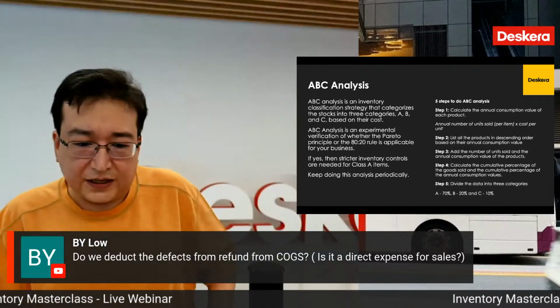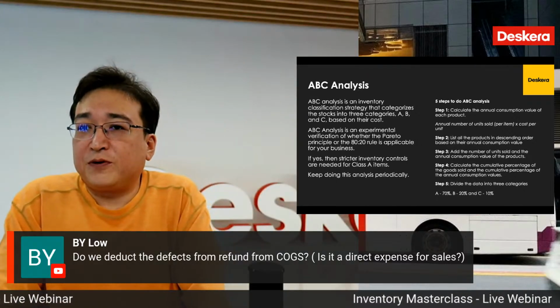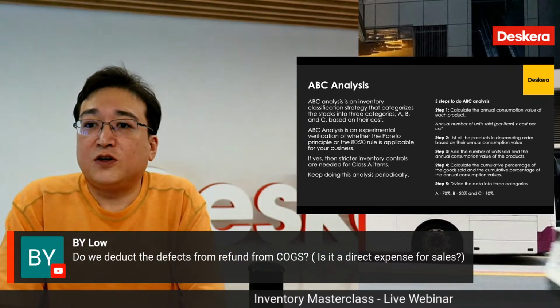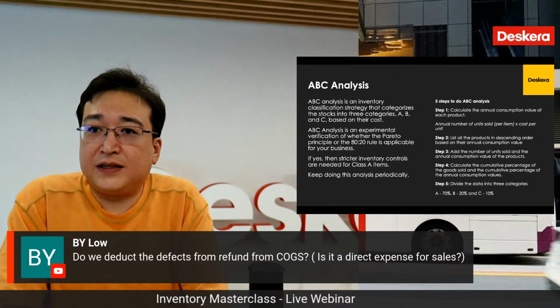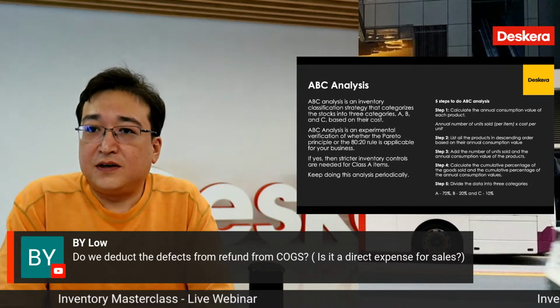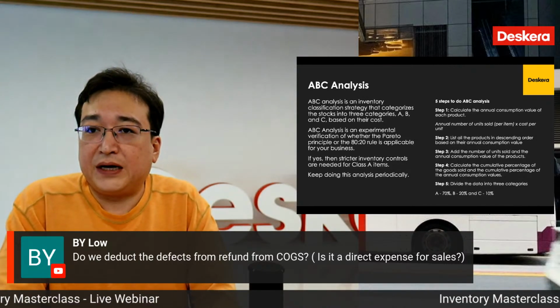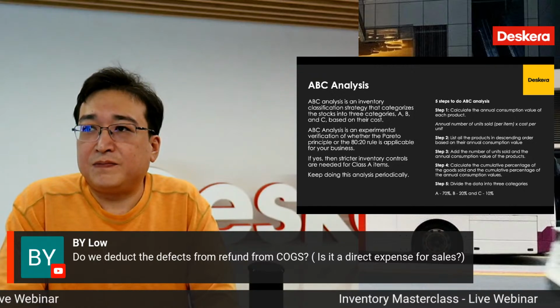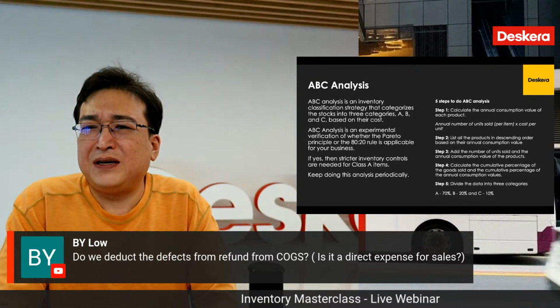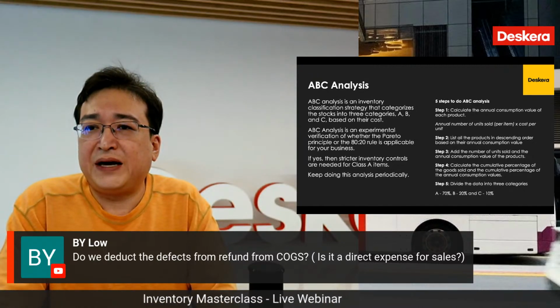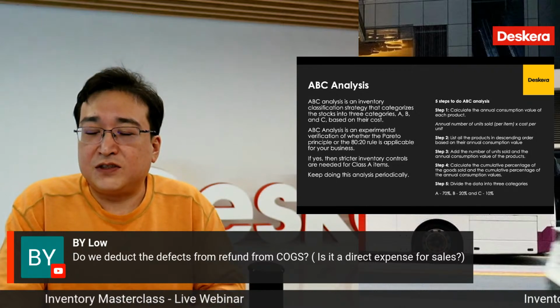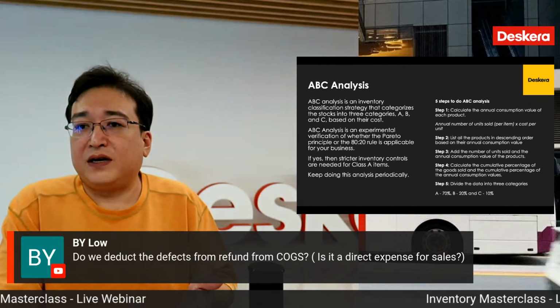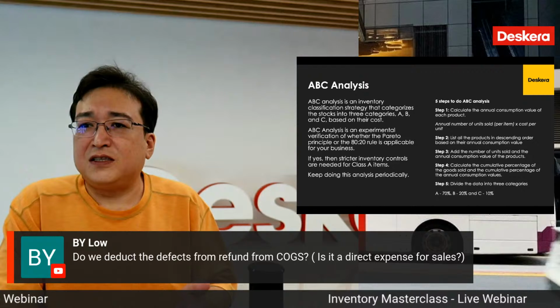I was just thinking. You refunded the product. Is the product getting returned back to us or not? And then that becomes an additional cost because of the cost of sending it back. But the refund itself, you're just giving them back their money. So it's just balancing it out, right?